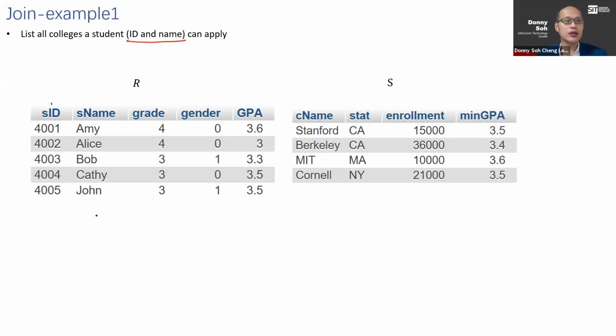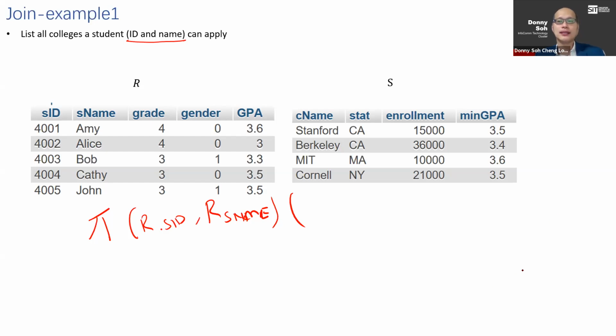So I'm going to do a projection of the SID and the S name. We want to project out only these 2, so we at least know this is the outcome.